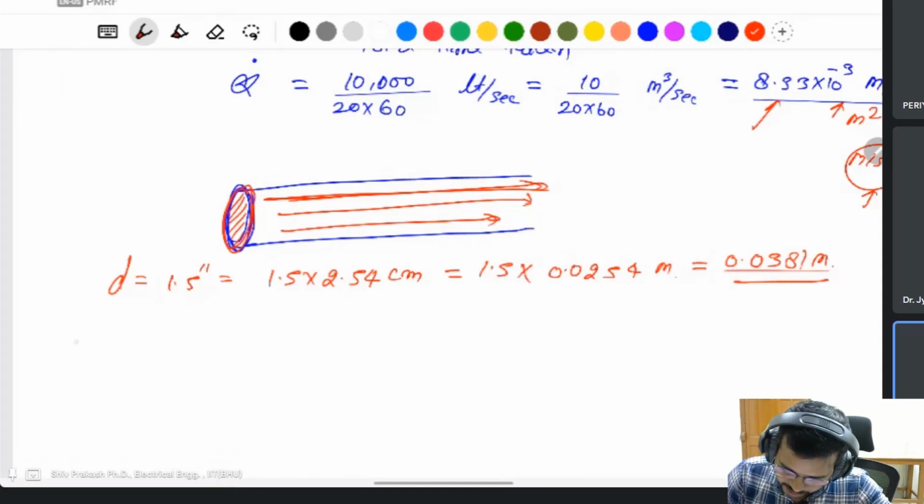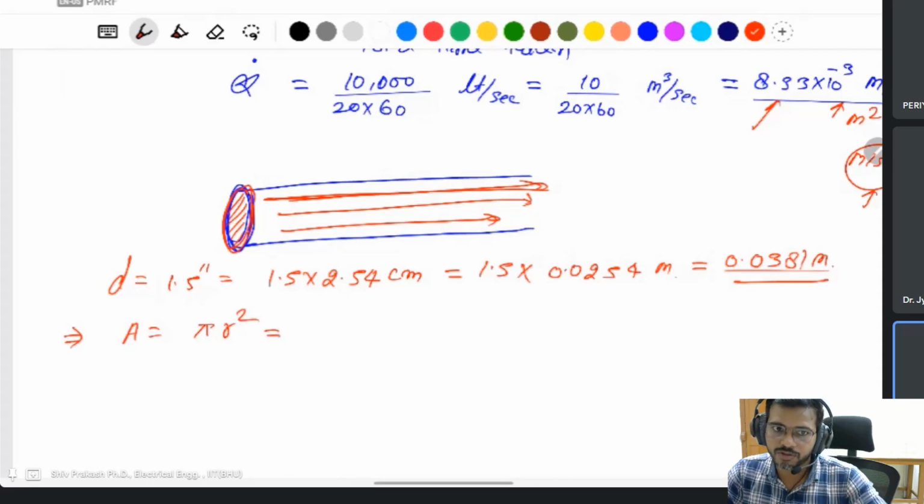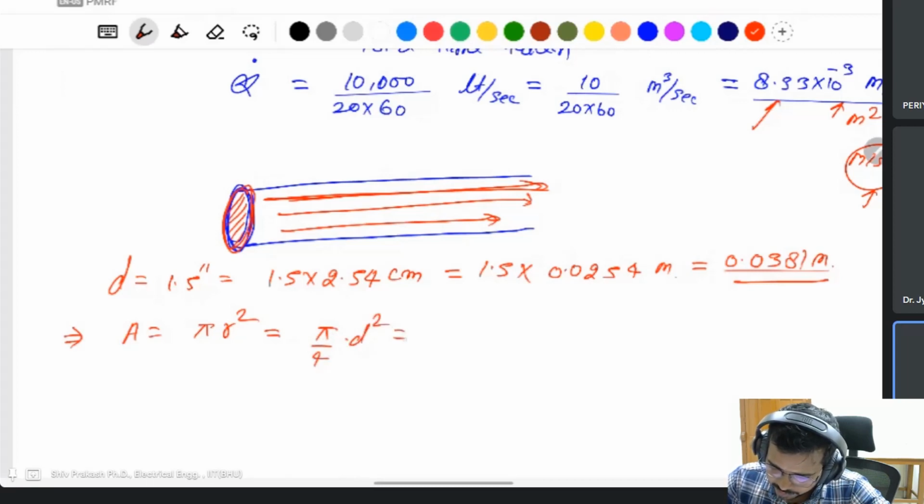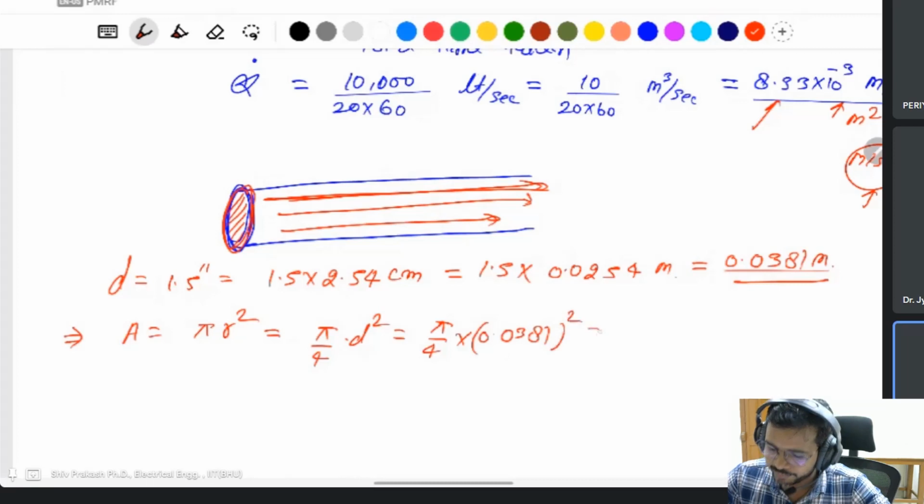Then what is the area? Area is pi r square, the cross-sectional area of the pipe. We can say this will be pi by 4 into d square, so pi by 4 into 0.0381 square.